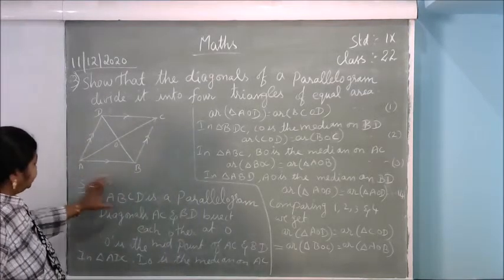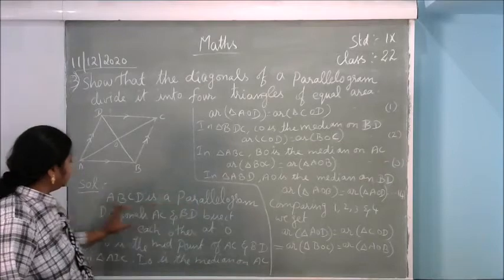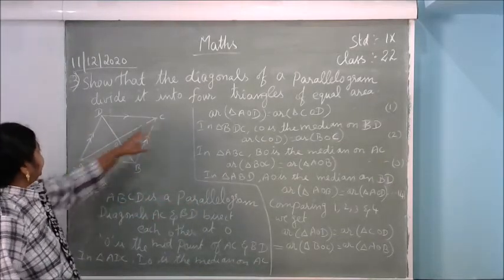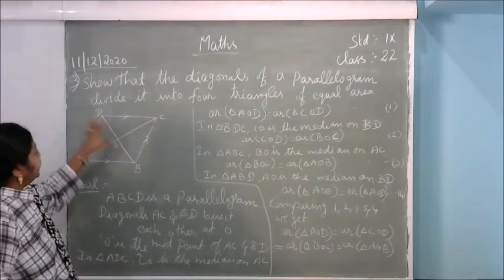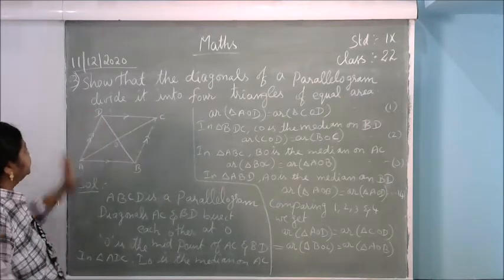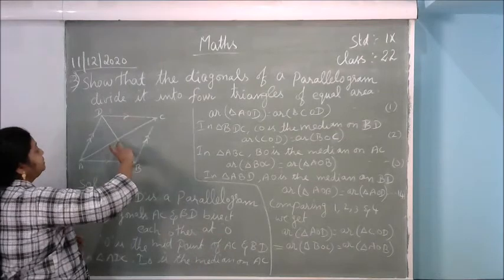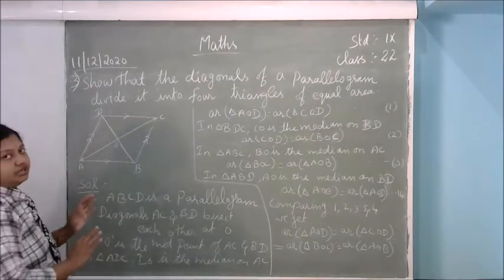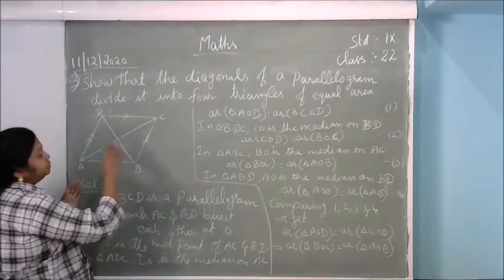First, you should write the solution. ABCD is a parallelogram. Diagonals AC and BD both bisect each other. Bisect each other means all these measurements will be equal. Bisect means the line segment cuts the line into 2 equal parts.